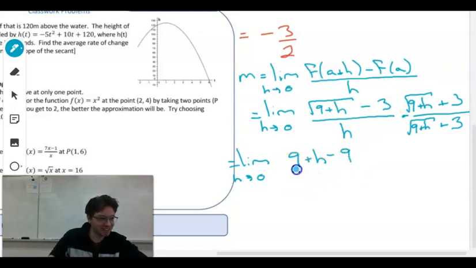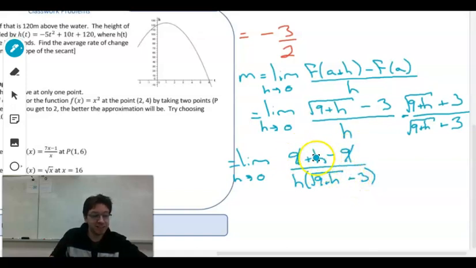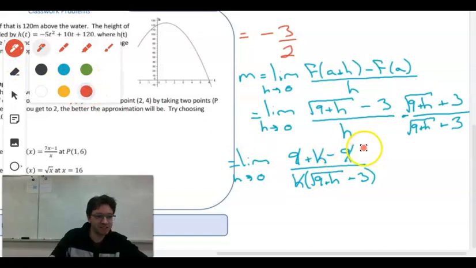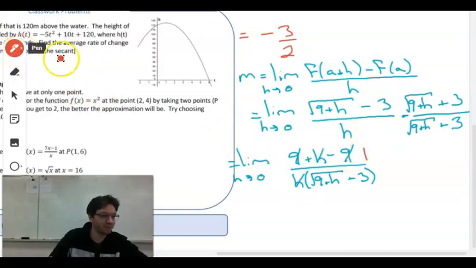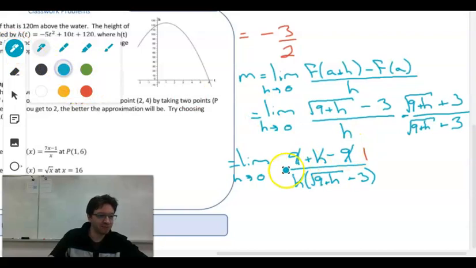Those 9s are going to go, all over h times the root of 9 plus h plus 3. These 9s will disappear, and then we're left with just h on the numerator. And so that will disappear as well, leaving us with just 1 on the numerator.